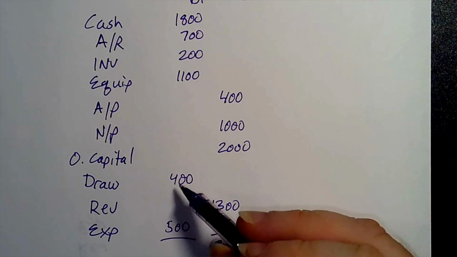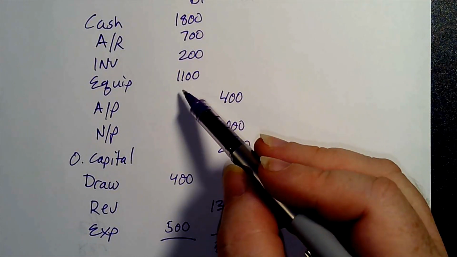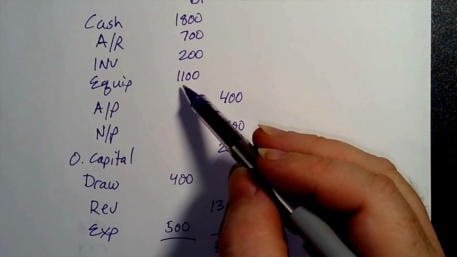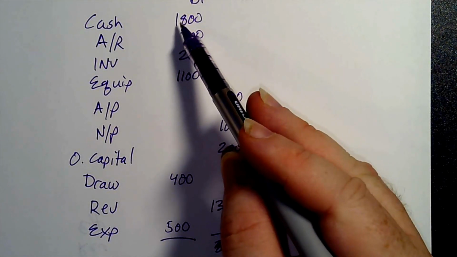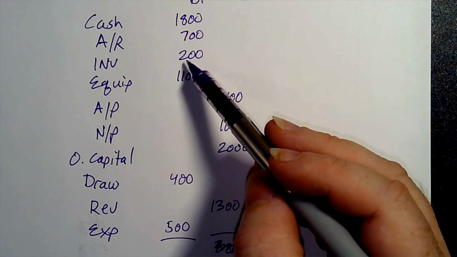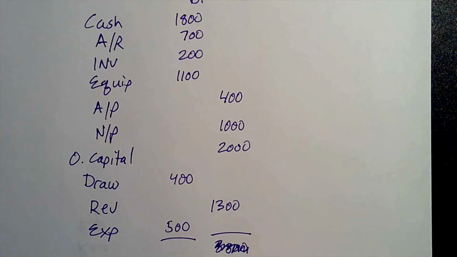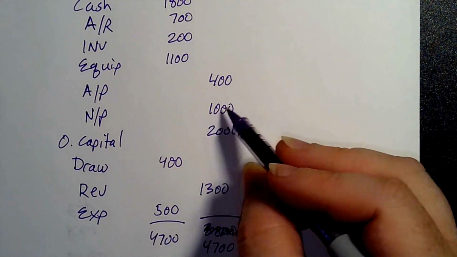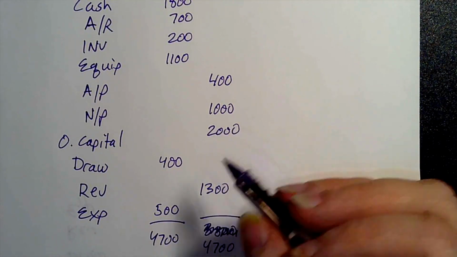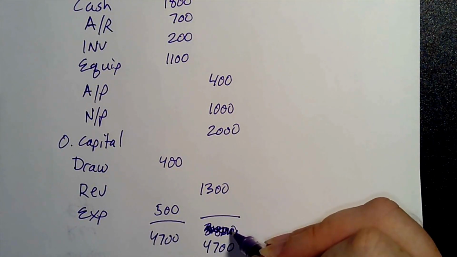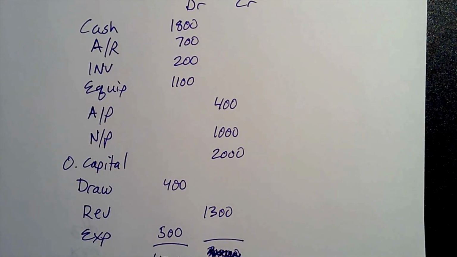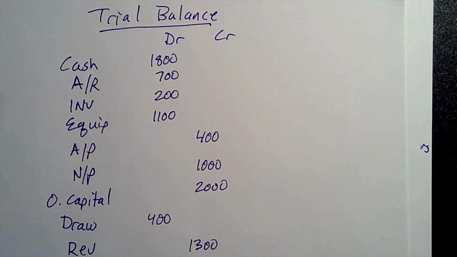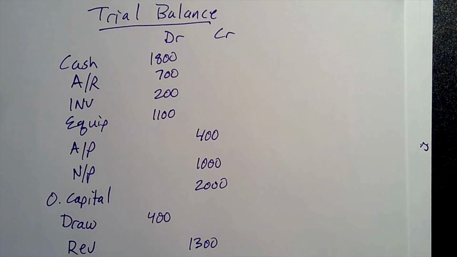Here we've got 5, 9 plus 1,100 is 2,000, plus 1,800 and 200, that's 4,000, plus 700 is 4,700. So notice my debits do equal my credits. I wasn't paying attention. I thought this was 100 and was mentally adding it up.